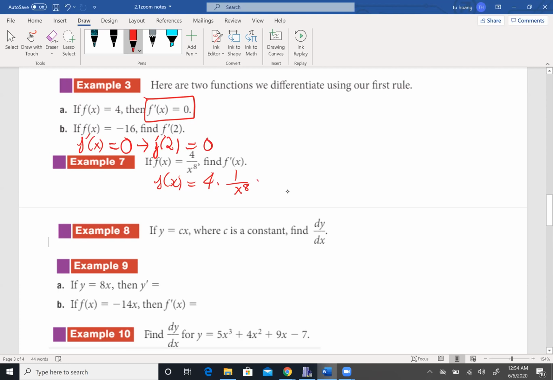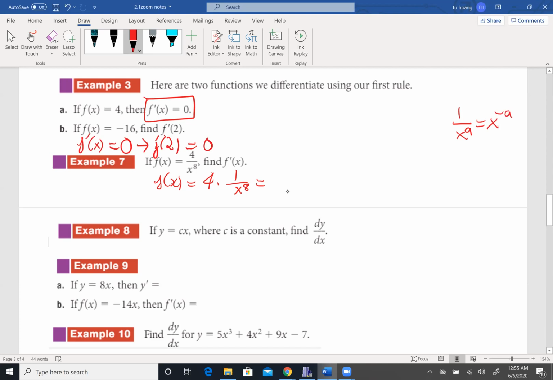And if you still remember in algebra, 1 over x to the power a will be equal to x to the power -a.